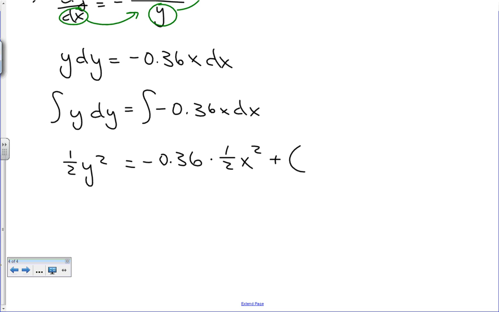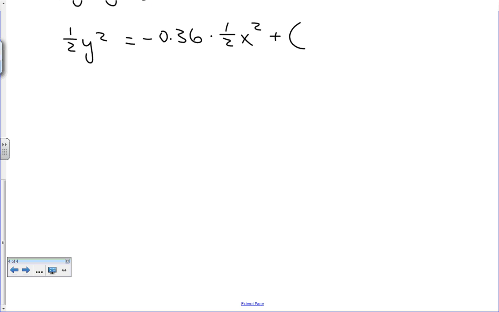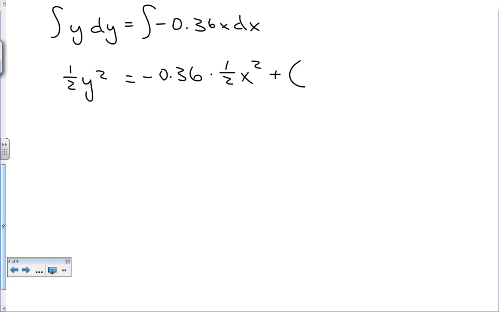I guess first let's plug in our initial condition here so we can find out what this value of c is, and then we can get it into a form perhaps that we'll recognize. So the point they gave us was that x is equal to 0 and y is equal to 6.